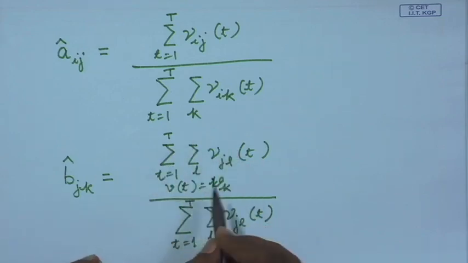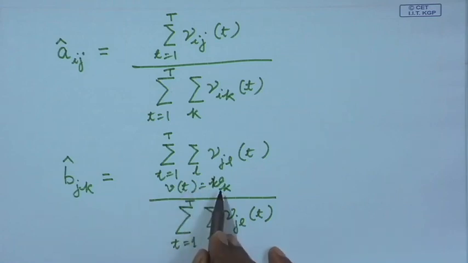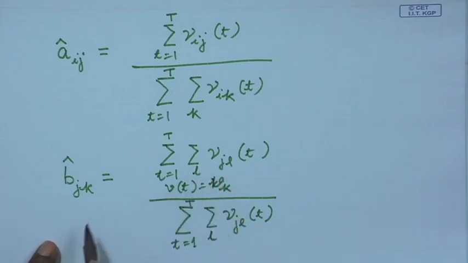So, the numerator only considers those transitions where the emitted symbol is V k, and the denominator is irrespective of whether the emitted symbol is V k or not. So, this ratio gives me a refined estimate of b j k.